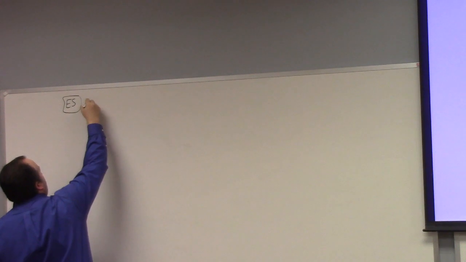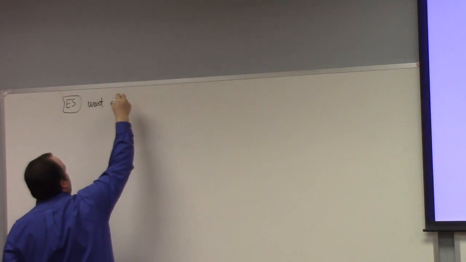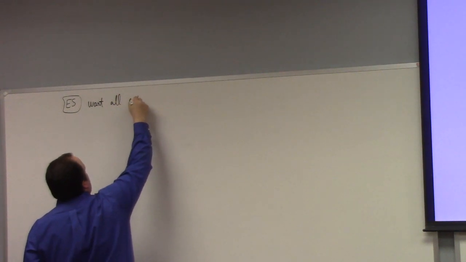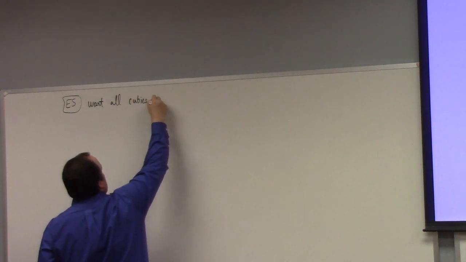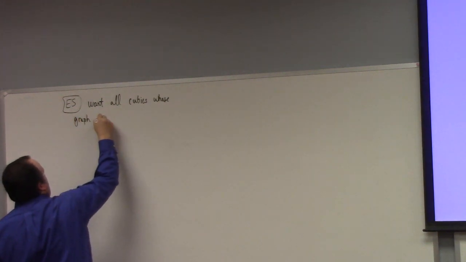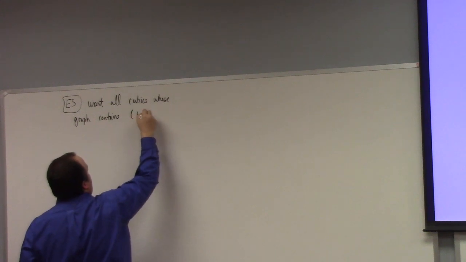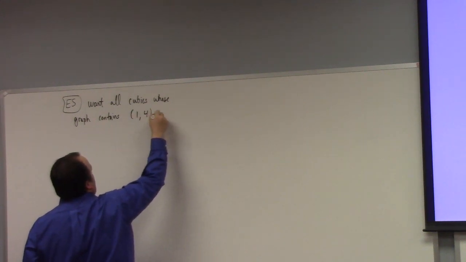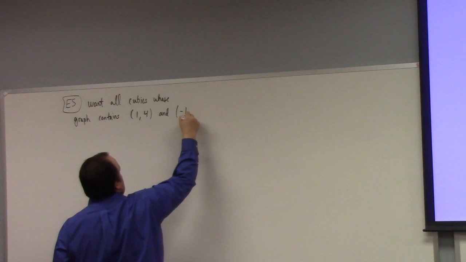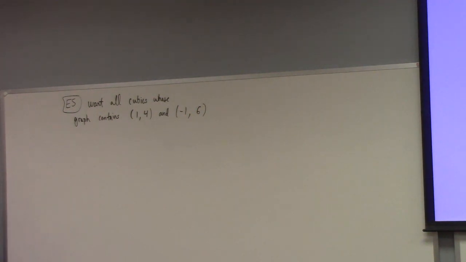Suppose you want all cubics whose graph contains, let's say, (1, 4) and (-1, 6). All right, do 2 points fix a cubic?